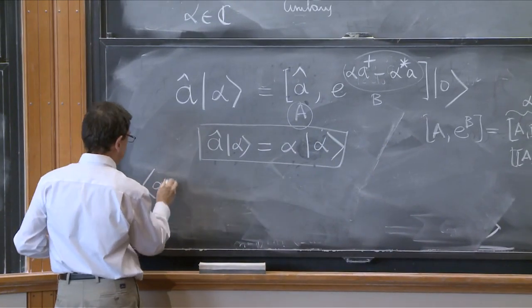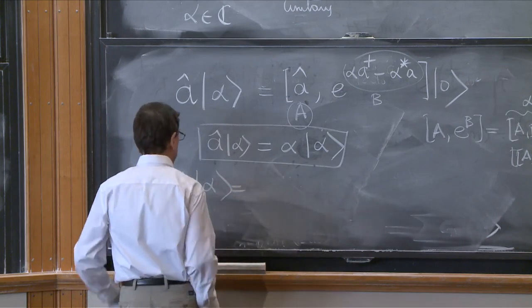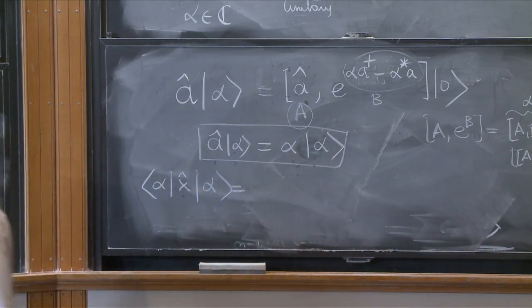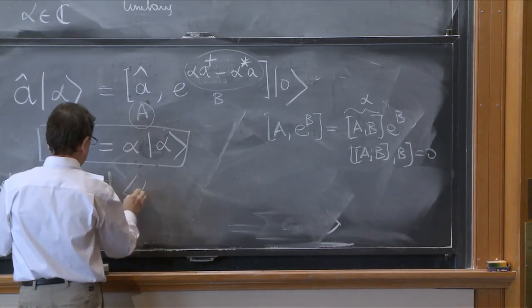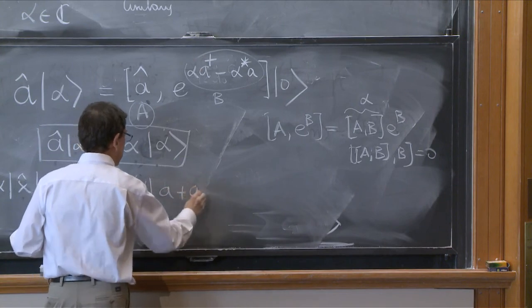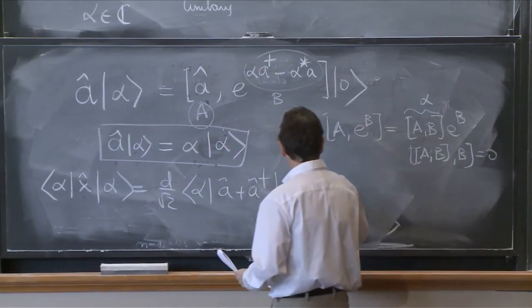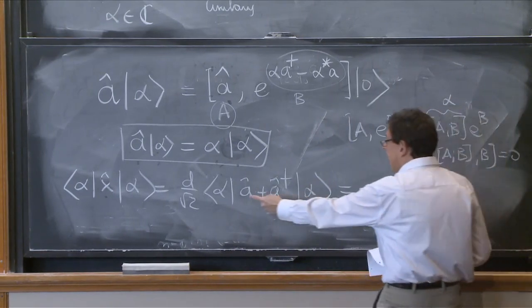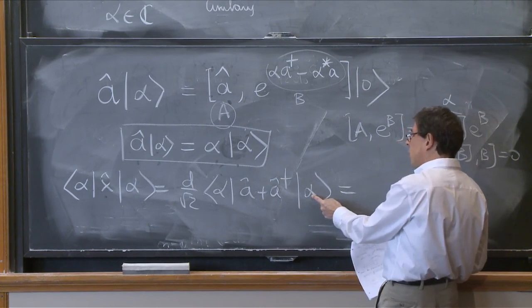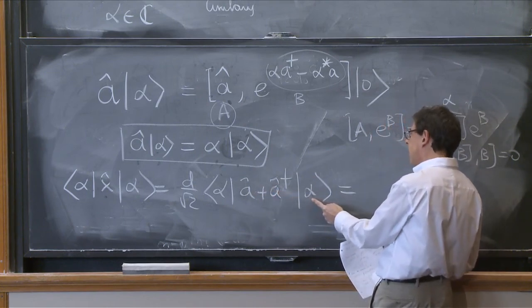You can ask, what is the expectation value of x in this state? Well, x is written here. It is d over square root of 2 times A plus A dagger, between bra alpha and ket alpha. And look, these are easy to compute. A on ket alpha gives you alpha. A dagger on ket alpha, you don't know what it is.